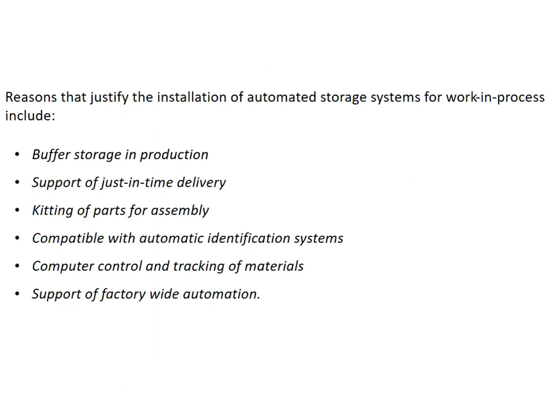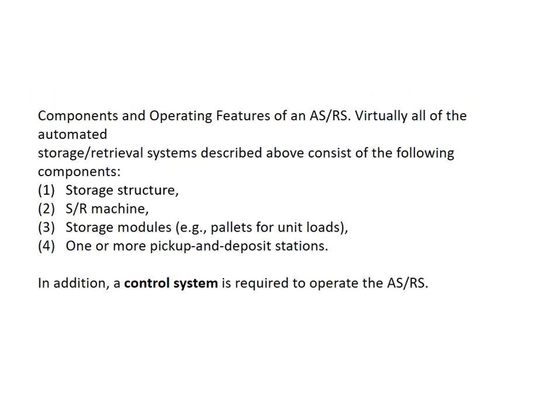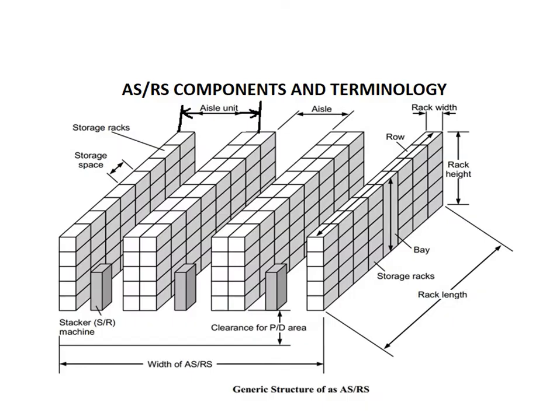We also have components for this storage structure. For example, as I showed, pallets, and we have the particular arrangements, components and terminology. As you can see, it is self-explanatory. This is rack width, row, ASL, and these are the ASL units, and this is the storage space of that particular pallet, and the clearance for the PID area, and this is a generic structure.